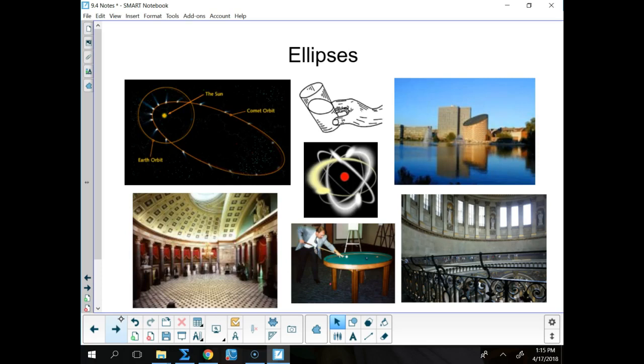If you're standing at one foci, you can hear the conversations going on at the other foci, clear as day, because the sound will bounce off the walls from foci to foci. So if I'm standing at a foci in a crowded room that's elliptical, and Alexis is standing at the other foci, I can just sit there and talk to Alexis.